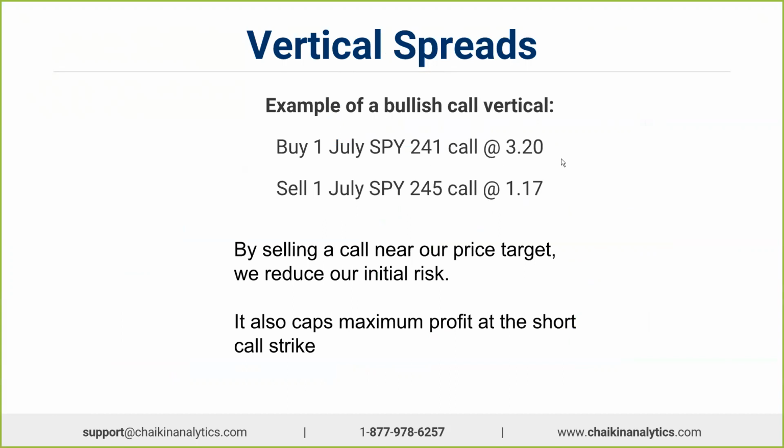Now, if we were to sell the 245 at the same time, both for July, both for the SPY, one and one for the same time, just different strikes, buy one, sell one, then we are going to reduce our original cost by $1.17. Think about that. Your $320 cost is going to be reduced by over 30%. You're reducing your risk by over 30% simply by selling the 245 call.